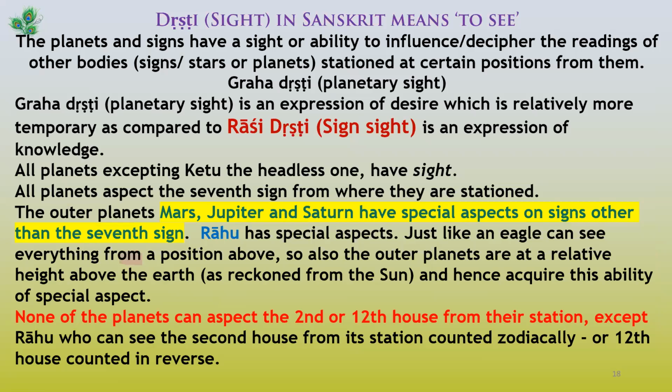Now, we come to one of the most important and core concepts, without which everything is a non-starter, and it's called the Drishti. Drishti is nothing but sight, and in Sanskrit it means to see. That means, what are we seeing? What has it to do with seeing? So, Graha Drishti.